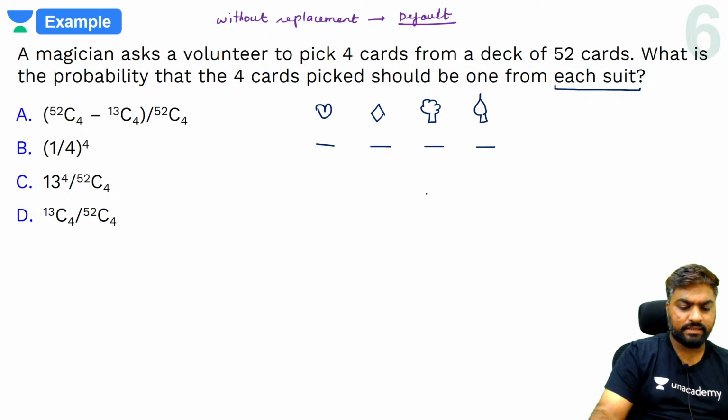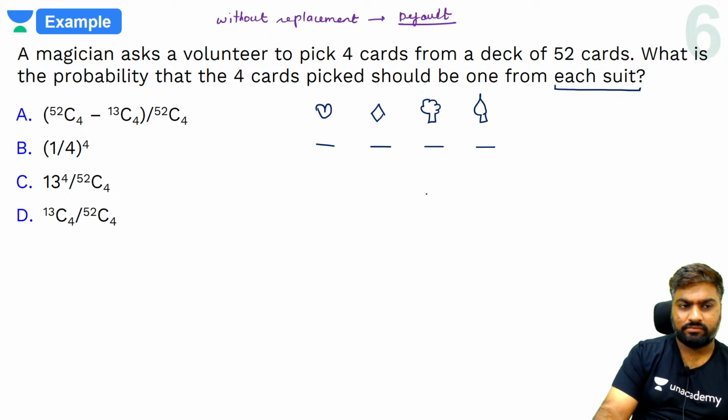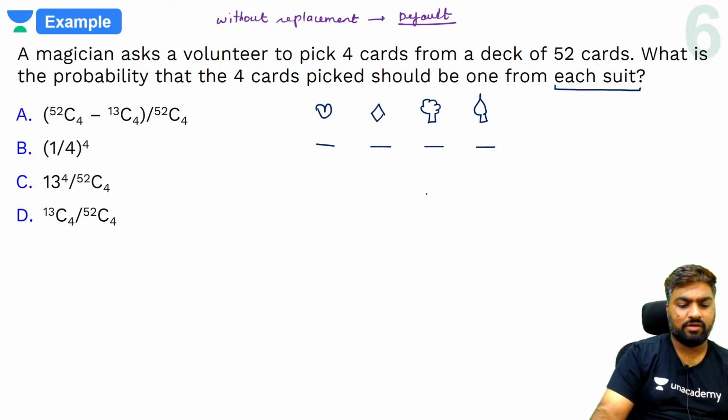Okay, Prince says 52 into 39 into 26 into 13 by 52C4. Why doesn't it seem to be matching with any of these? None of the answer choices matches with that.